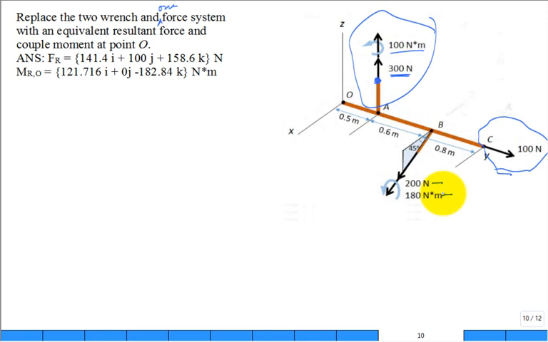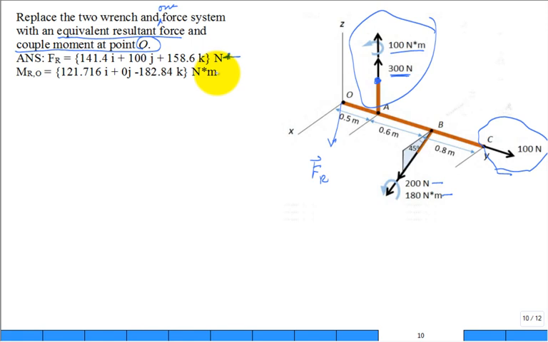Okay. So now replace that with an equivalent resultant force and couple moment at point O. So everything's going to go back to point O. So what we're going to do is we're going to have a resultant force, call it F of R, and it'll be a 3D vector. Here's the answer. I didn't cover it up. That's the answer we're looking for. It's going to be a vector, I, J, K, units of Newton.